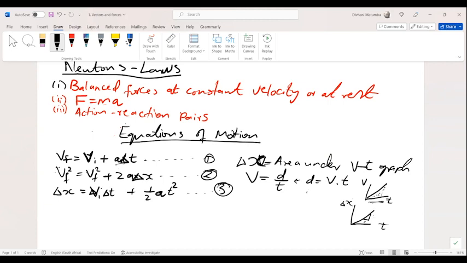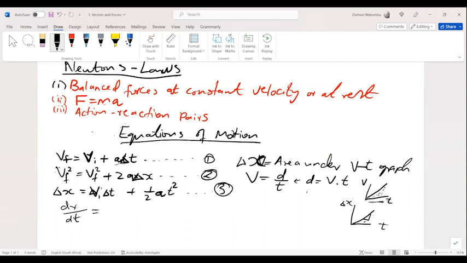Again, to prove the very same theory, if you want to find the slope of an equation, you can solve the derivative of that function. So let's find the derivative of the displacement with respect to time of equation 3.